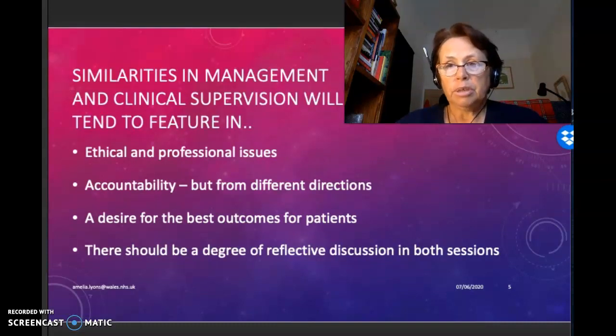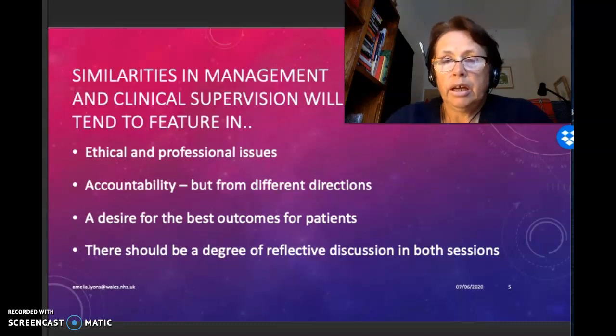Now there are some similarities in the functions and also things that we need to think about. So ethical and professional issues, both management and clinical supervision will place, of course, a high value on ethical and professional issues and situations that might come up in the sessions.